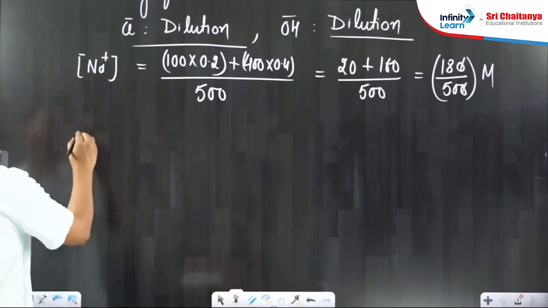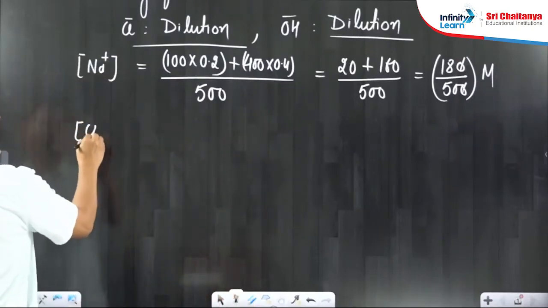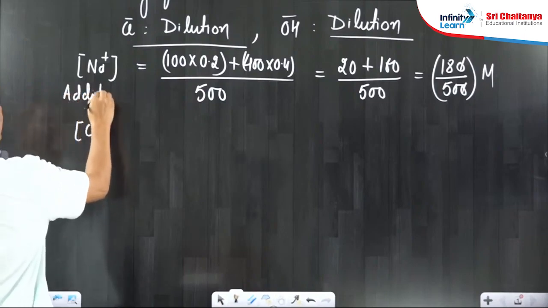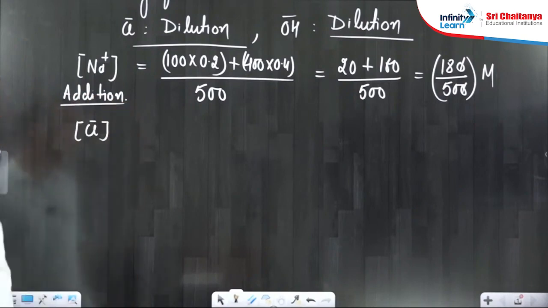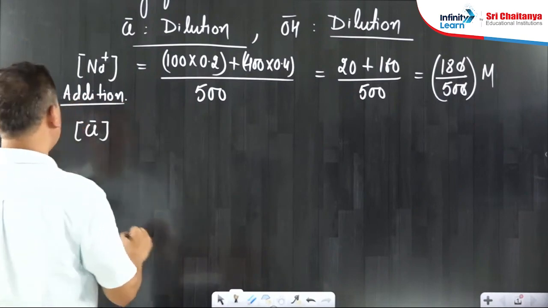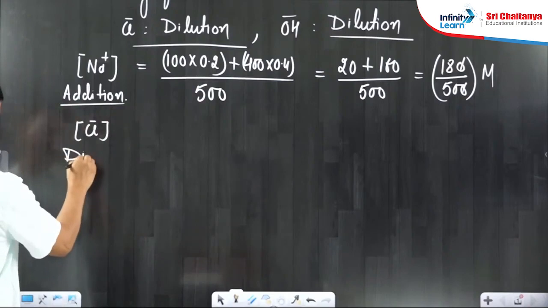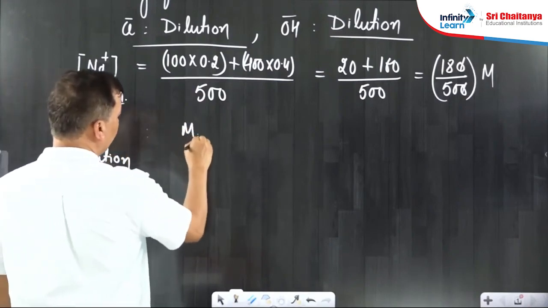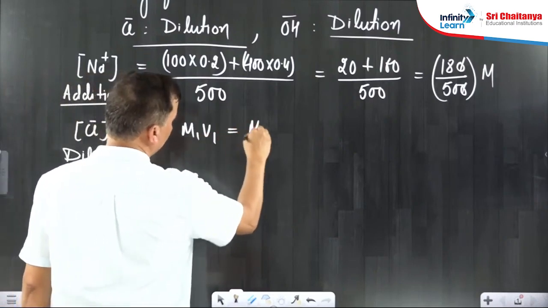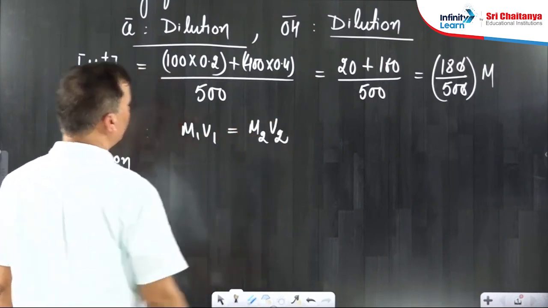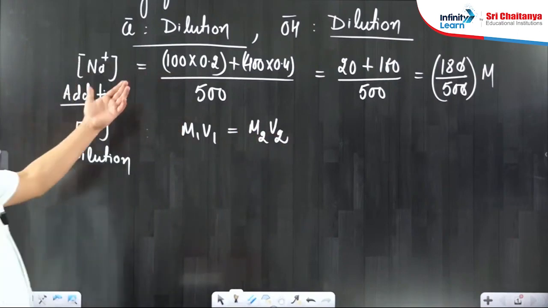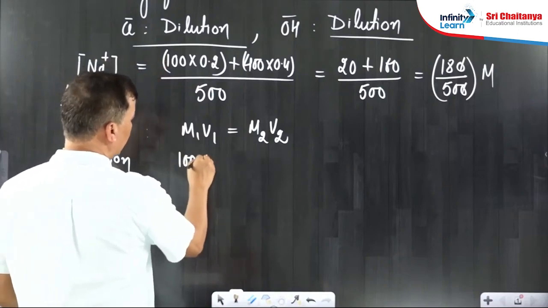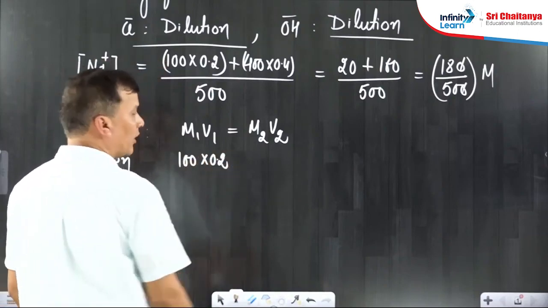Now the molar concentration of chloride ion. Here there will be dilution. For dilution, what will we apply? M1V1 is equal to M2V2. Initially, the volume is 100 ml and the molarity is 0.2.